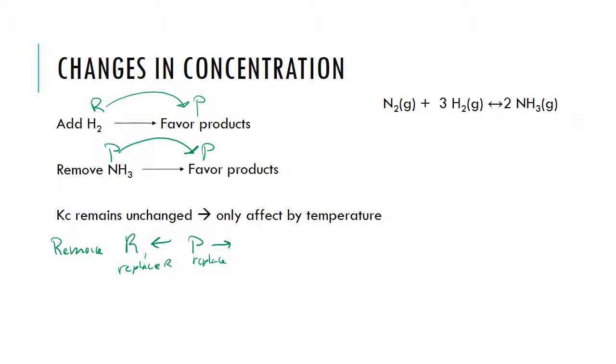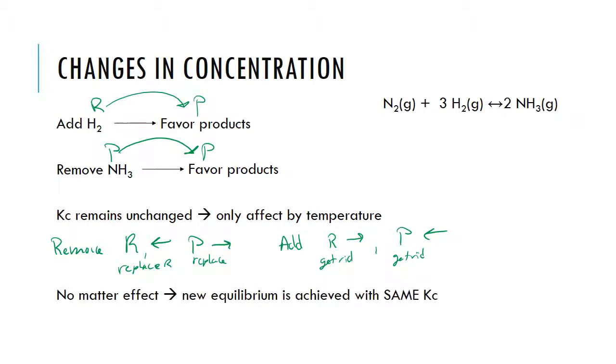So we're going to shift towards the products. If we are going to add a reactant, we want to get rid of it. So we are going to shift towards products. If we add a product, we want to get rid of it. So we're going to shift back towards reactants. And so you always want to go in the direction that gets rid of that addition or replaces that loss.